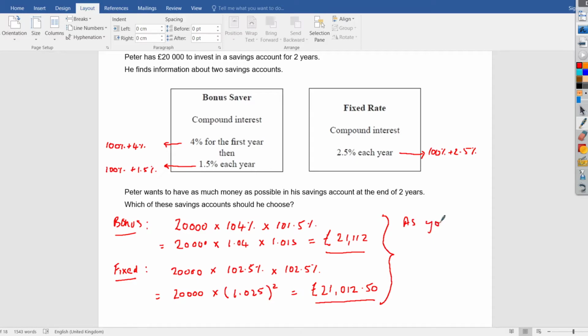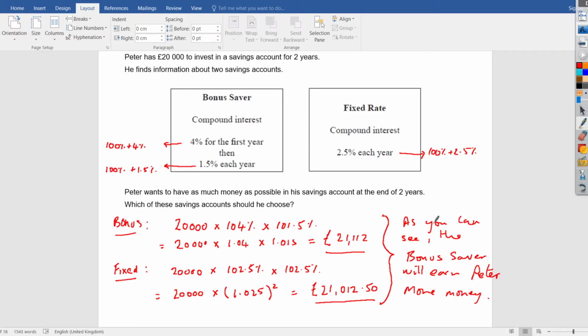As you can see, the bonus saver will earn Peter more money.